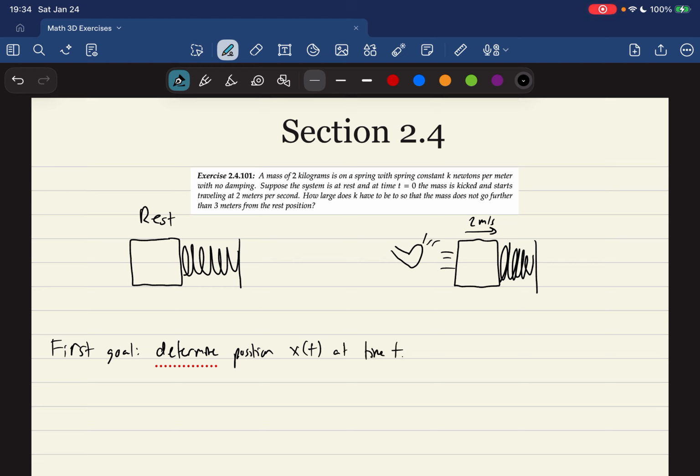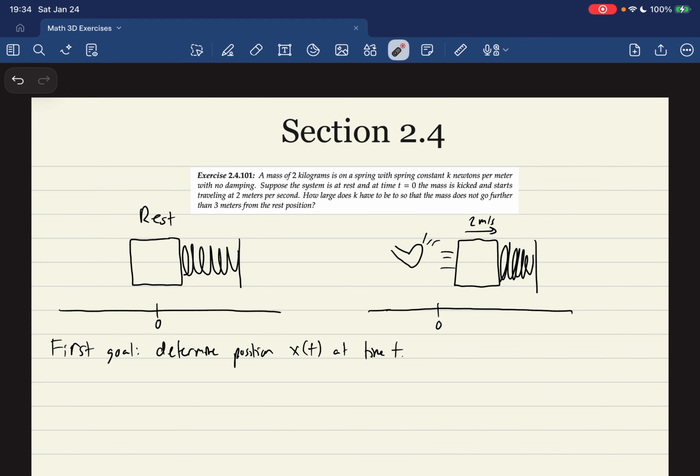And for this, let me go up here and start drawing some number lines. So here, it's convenient to set the rest position to correspond to 0 on our number line. And over here, the block was kicked a little bit, so 0 is probably right here. It'll also be convenient for us to choose the positive direction to correspond with the direction in which the block initially moves.